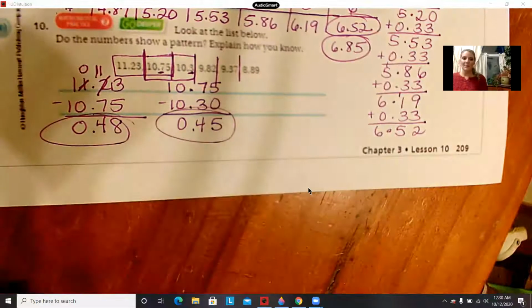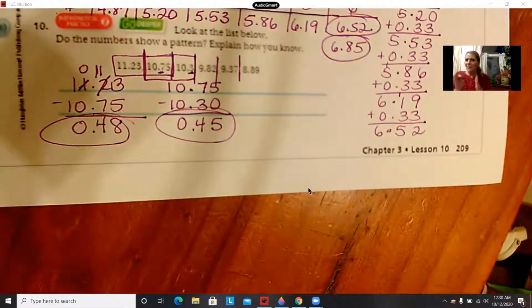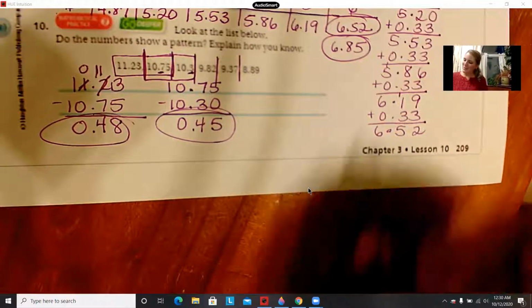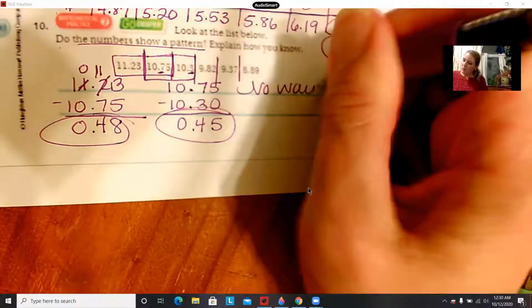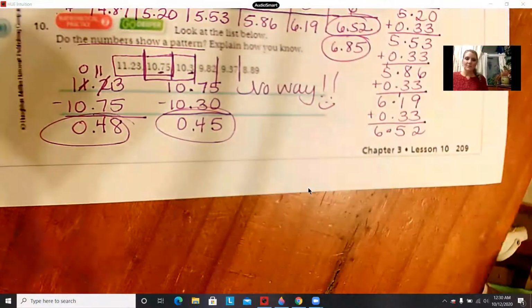Uh-oh, kiddos. Are they subtracting the same number, going and going? Do they have the same rule? No, no, no, they do not. So do the numbers show a pattern? No way, they don't.